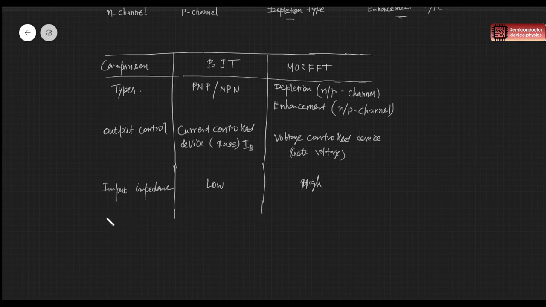And then if you see the frequency response, the transistor frequency response compared to the MOSFET, again these are all comparative, right? So this is low, and for MOSFET it can be very high.